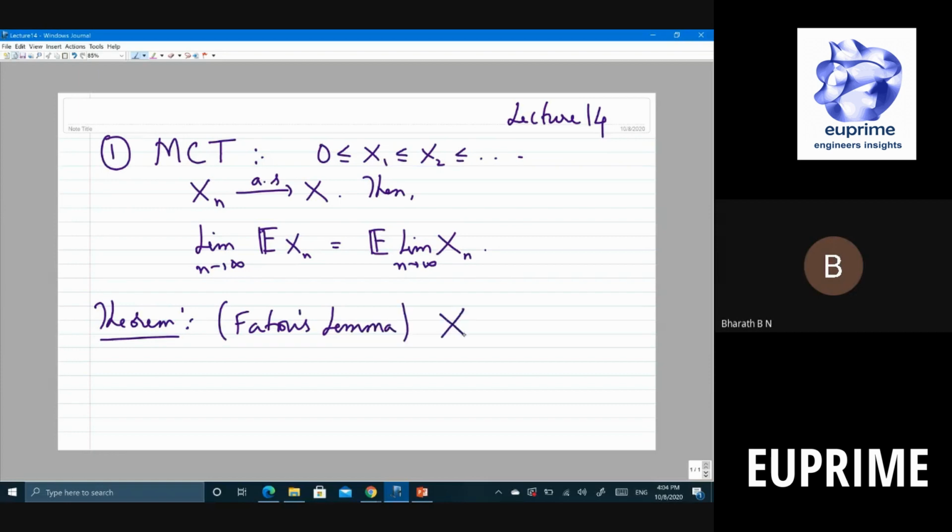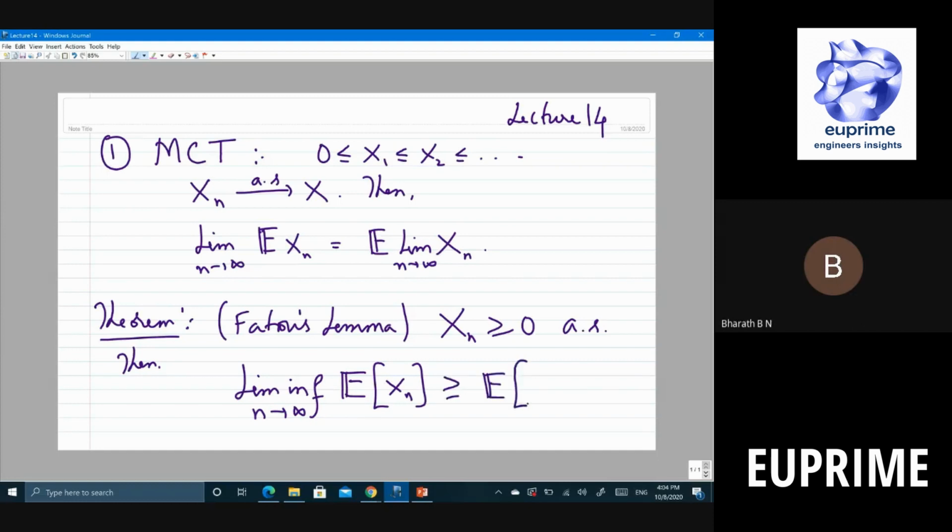If you take a sequence of non-negative random variables, then, this is something I haven't taught you, so let me spend some time on this: the limit inferior as n goes to infinity of the expected value of X_n is greater than or equal to the expected value of the lim inf of X_n.